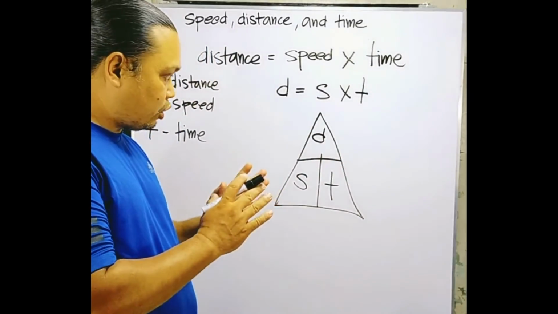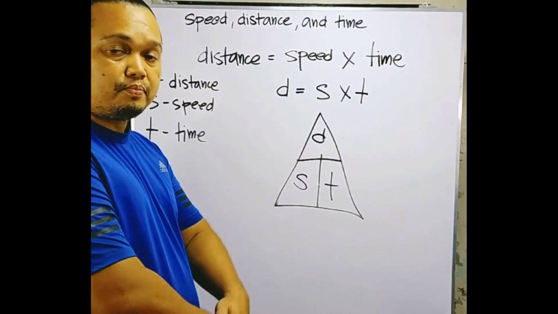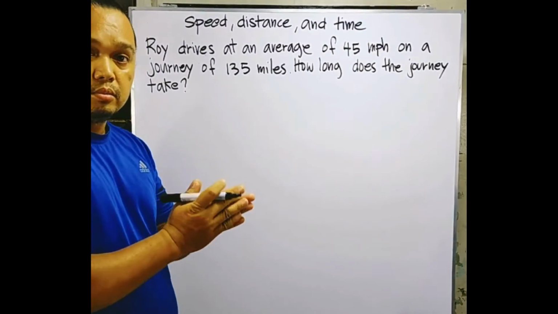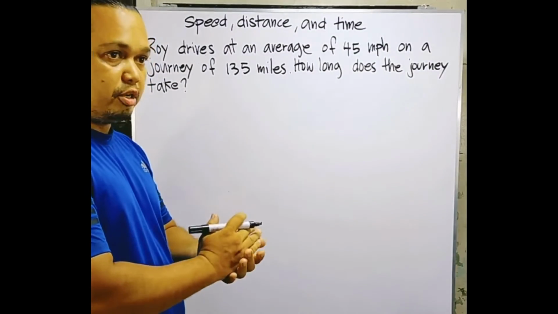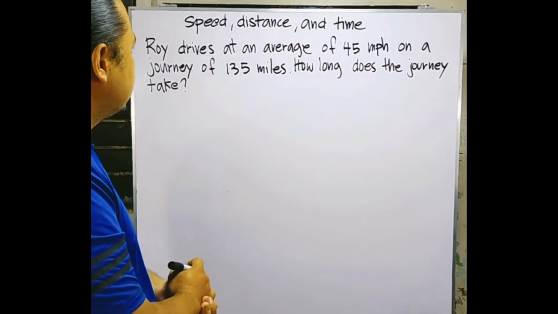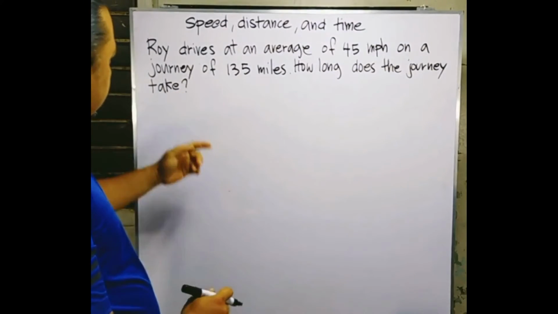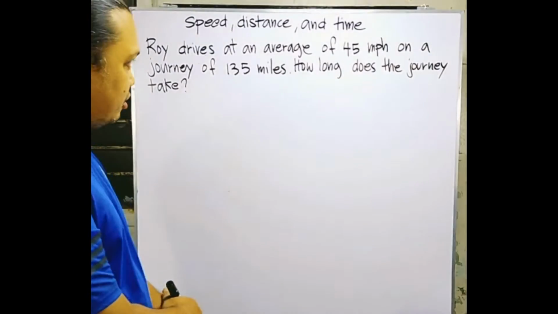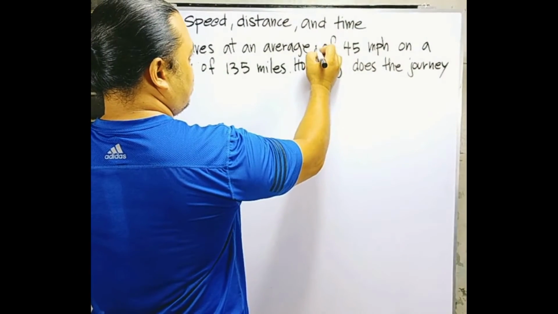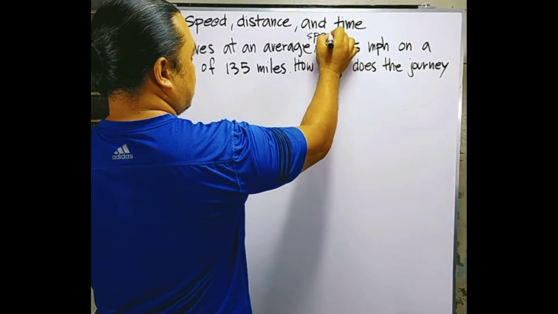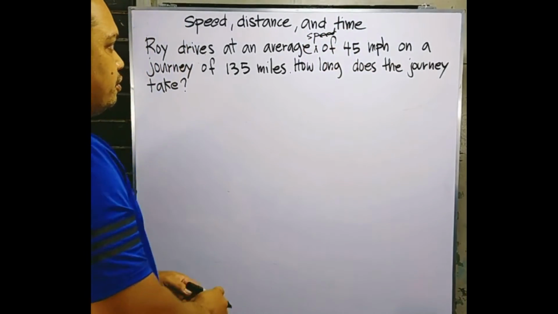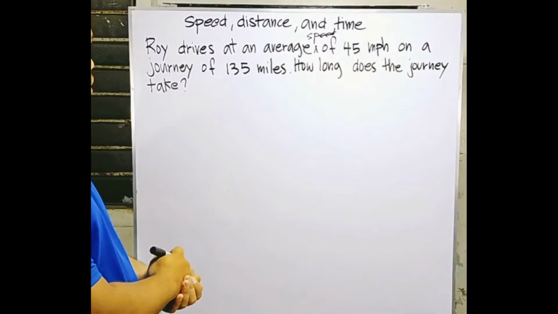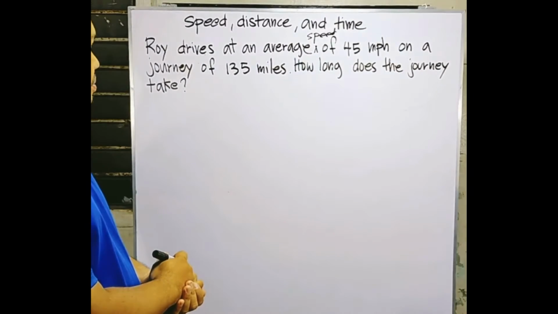Now we are going to further explain this using examples. For our first example here, Ben, we have on the board: Roy drives at an average speed of 45 miles per hour on a journey of 135 miles.